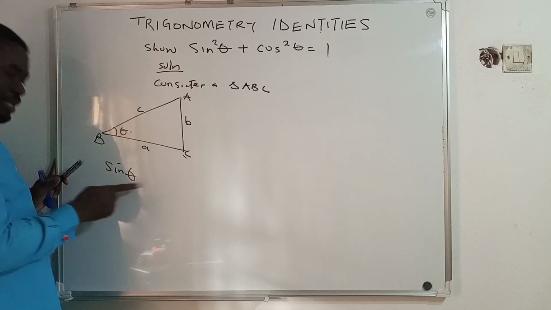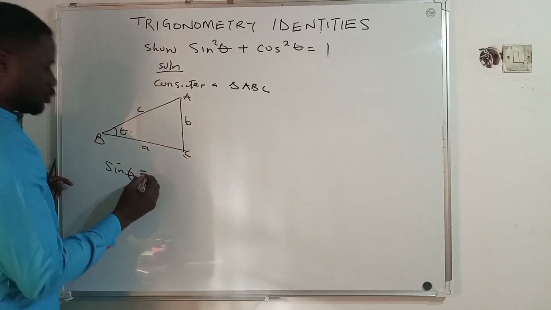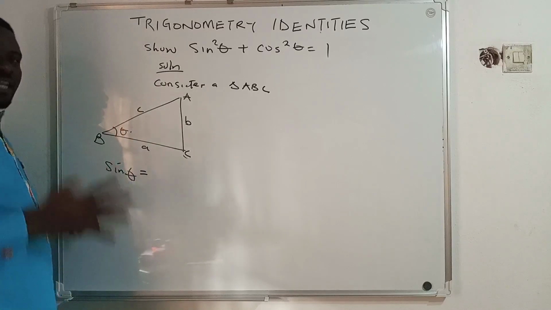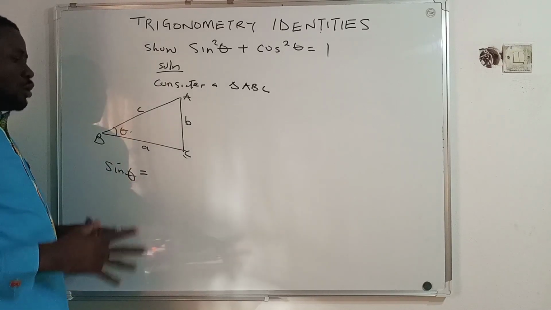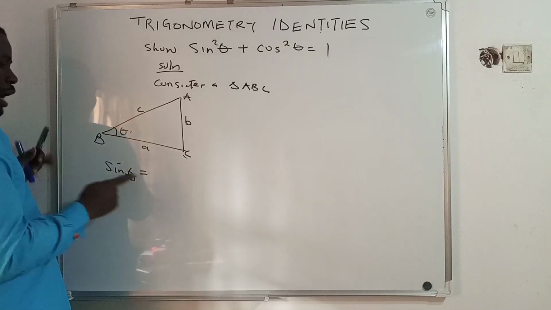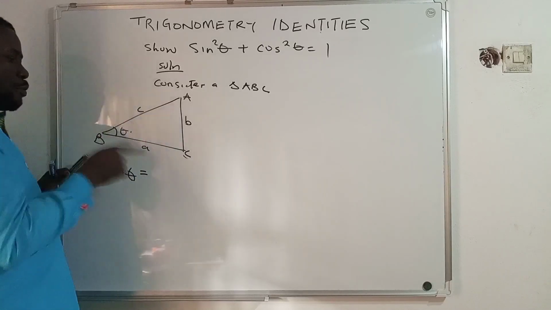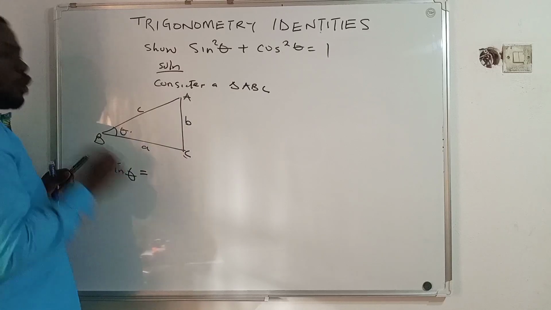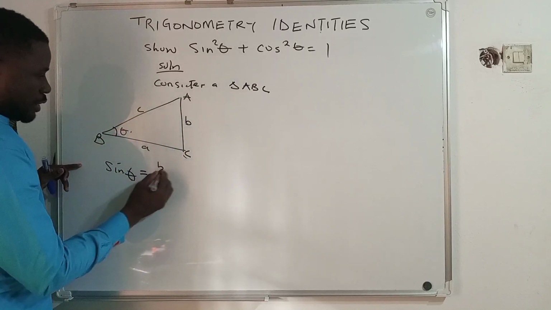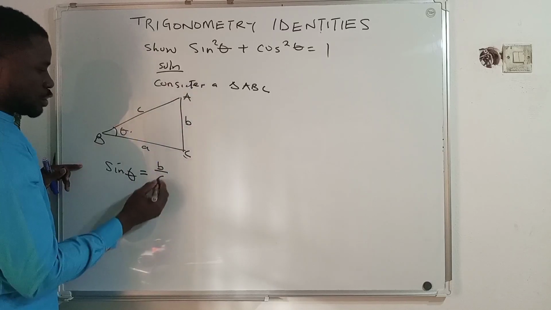Now we have sine theta is equal to, remember we have defined what sine is. We say sine of any angle is equal to opposite all over hypotenuse of that triangle. Now in this case, what is the opposite of this angle theta? The opposite is this line, and so this is b all over the hypotenuse, which is c.